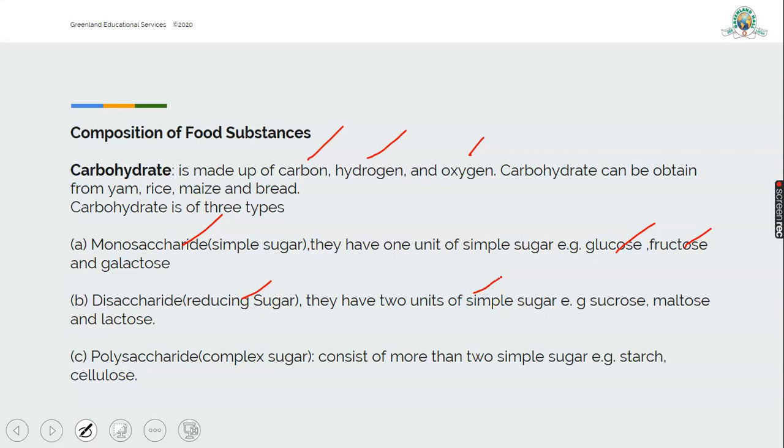Examples are sucrose, maltose, and lactose. After the disaccharide, we have the polysaccharide. These are complex sugars, and they are made up of more than 2 simple sugars. Examples are cellulose and starch.